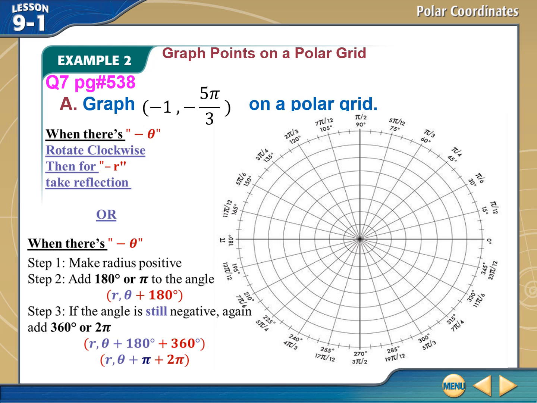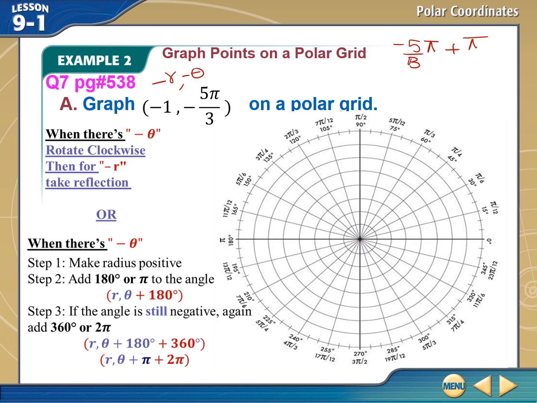Next question. Negative 1, negative 5 pi by 3. Whenever both the r and the theta are negative, you add pi in the theta. So negative 5 by 3 pi plus pi. Now let's see this one.